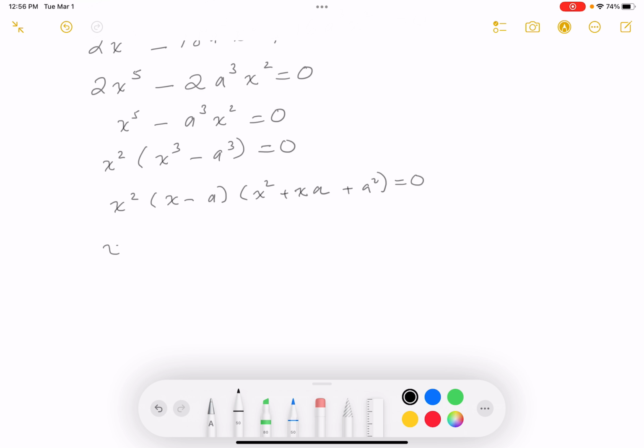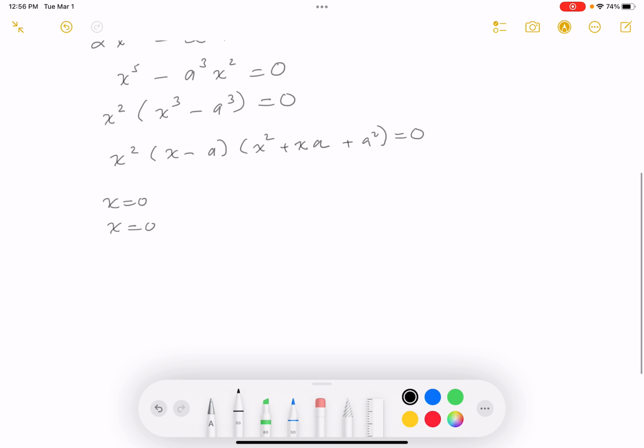Well, x equals 0. This occurs twice. We'll check it later. x equals a. I'm just going left to right in this. Two factors there. They're both equal to 0. That factor is one of them. x equals a. And now I've got to use the quadratic formula on this last one over here.